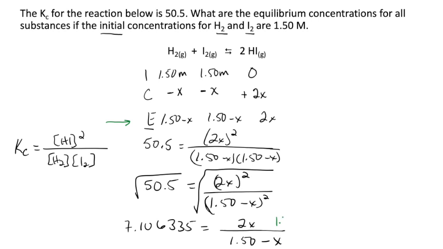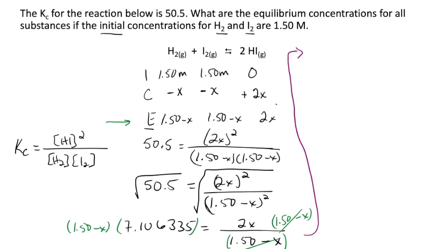I will start by multiplying both sides by 1.50 minus x so that I can cancel this out at the bottom. These will cancel, leaving 1.50 minus x times 7.106335 equals 2x.